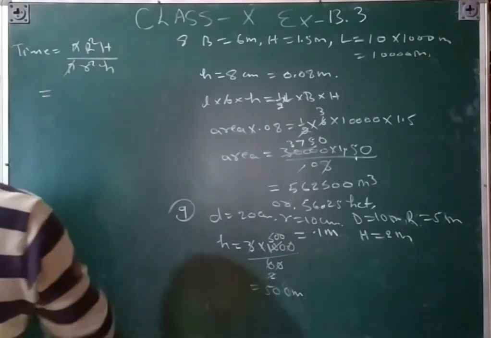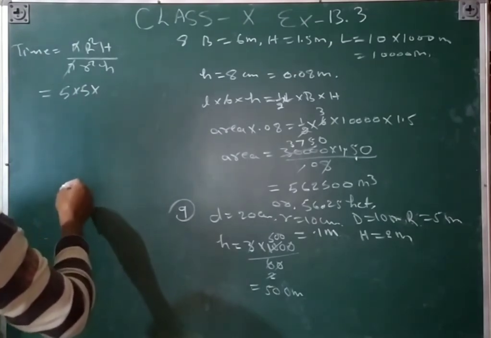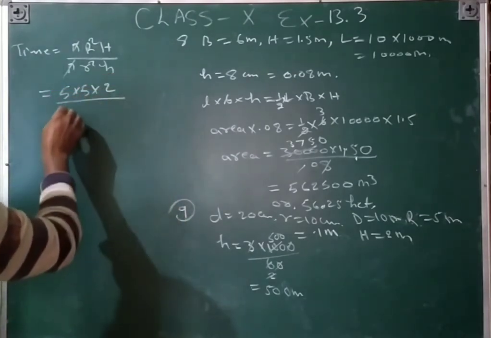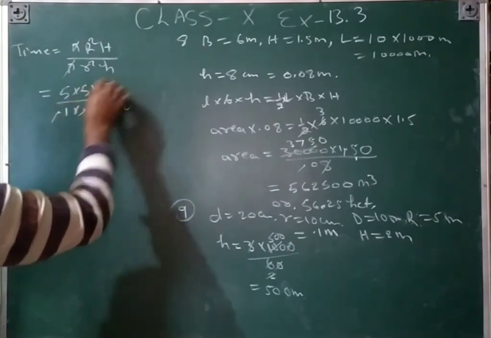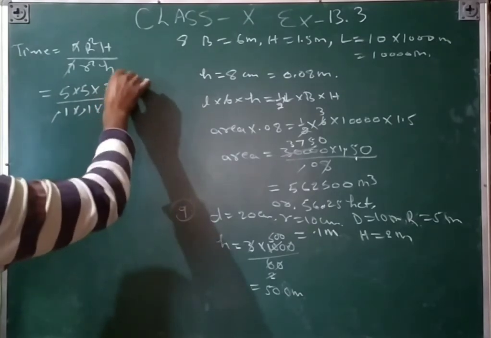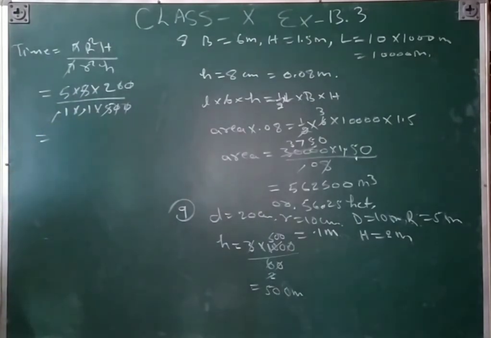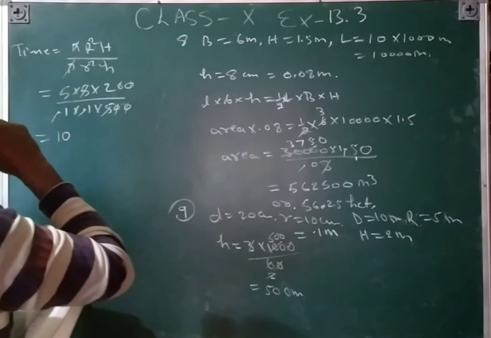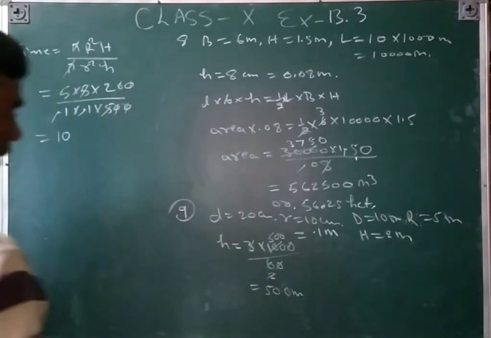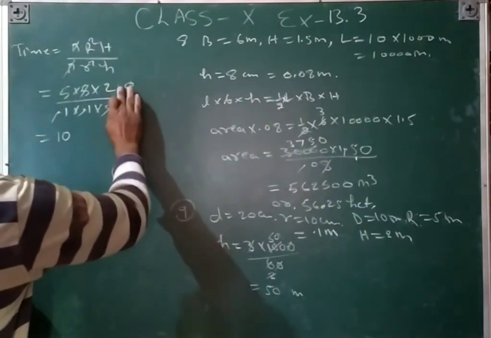R is 5 into 5 into h is 2 upon 0.1 into 0.1 into 500, that cancels, so double 0 will become, so 2 0 cancel by 2 0, 5 1s are 5, 5 2s are 10, and then I think something is left here, 50 will be left, so 1 0 will be left only.